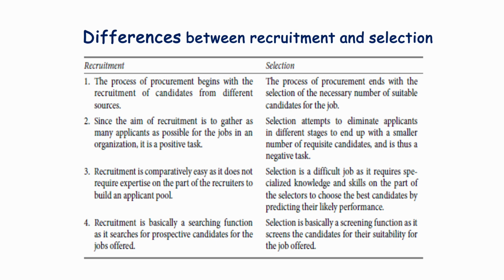We have already discussed the different sources of recruitment. On the other end, the process of procurement ends with the selection of the necessary number of suitable candidates for the job. So here the process of procurement begins, and with selection the process of procurement ends, because when you select, the process ends. That is one thing.